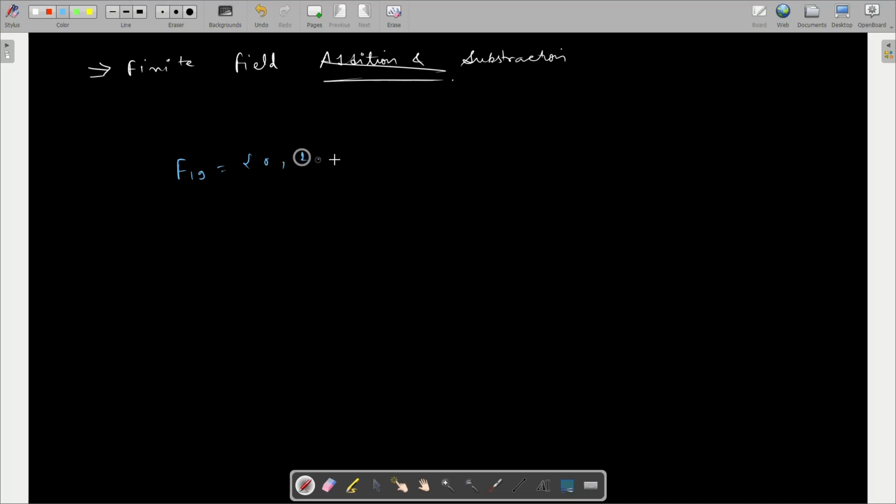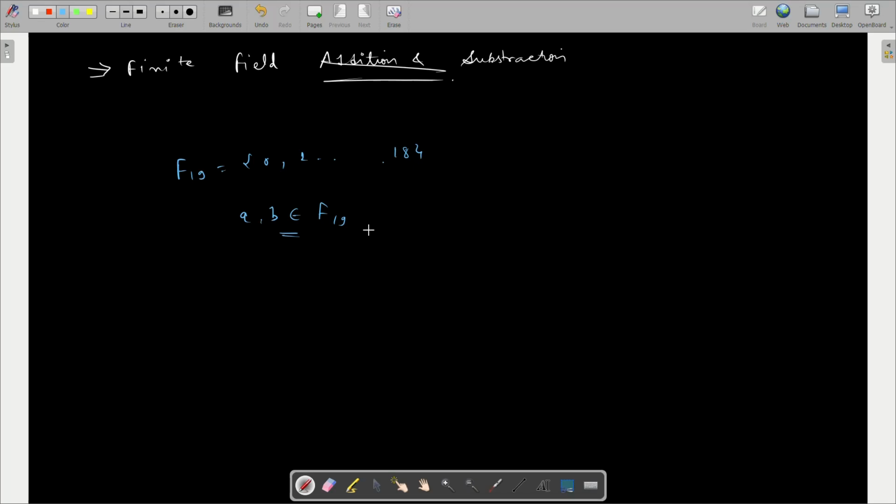0, 1, dot dot dot, up to 18. Now if I take any numbers a and b, these should belong to F19. This symbol basically means "is an element of". So a and b are going to be elements of F19.